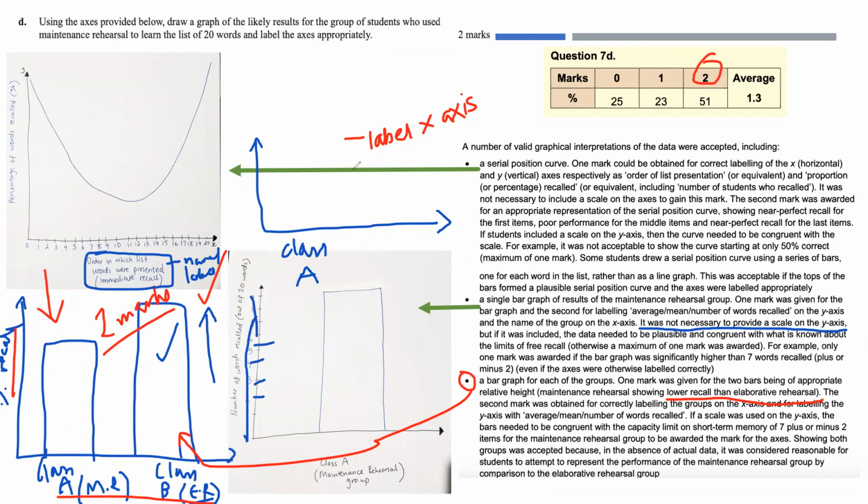Label your x-axis with a name, label your y-axis with a name, and just draw your graph in accordance to what information you've been given in the scenario. Those are the main things you need to remember when drawing graphs, if you were given a graph question in the exam.